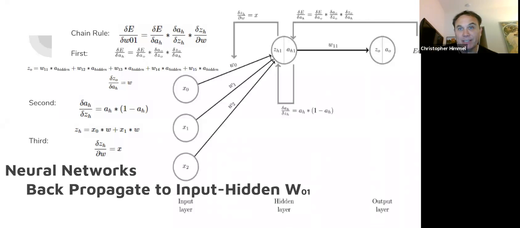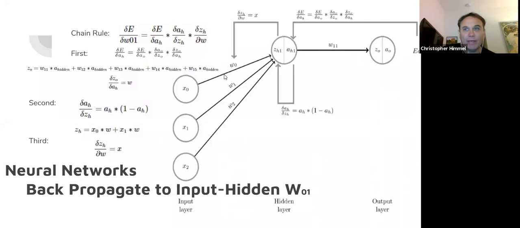This is the change in this Z as a function of AH. Yeah, that's that one we did not calculate. We calculated the contribution of the weight, the change of the error with respect to the W, not with respect to this neuron. In other words, if this neuron changes at a certain amount, how much is the error changing? That's what we got to calculate.